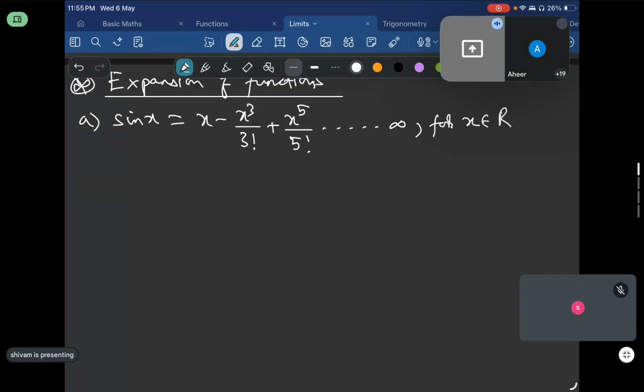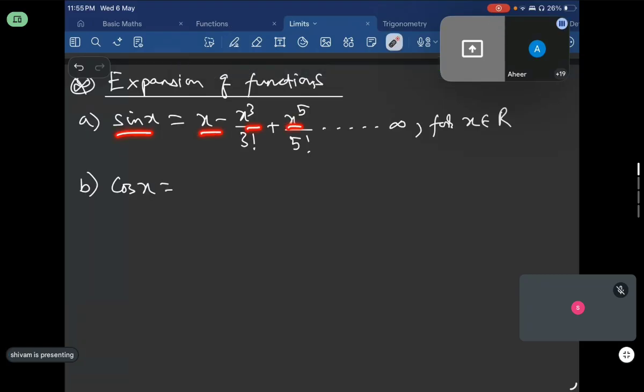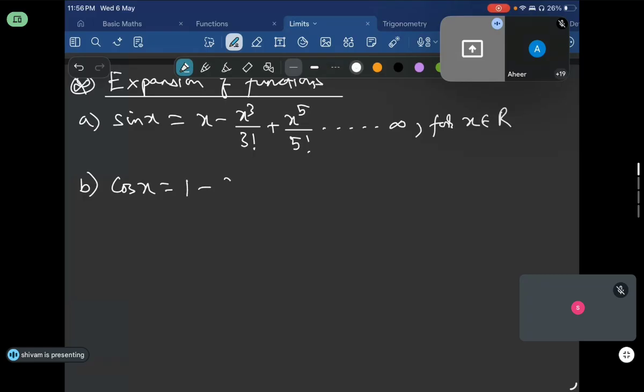Taylor series is for f of a and Maclaurin is for f of 0. Better to use Maclaurin series. For sin x you see only odd powers. For cos x you have even powers: 1 minus x square by 2 factorial plus x power 4 by 4 factorial, up to infinity.